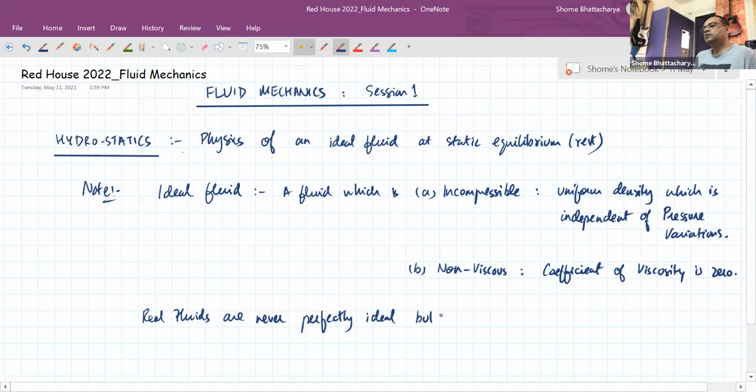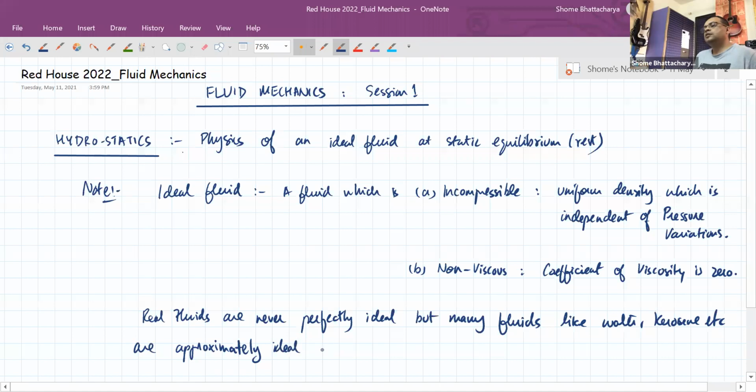but many fluids like water, kerosene, etc. are approximately ideal unless subjected to extreme conditions of pressure and temperature.